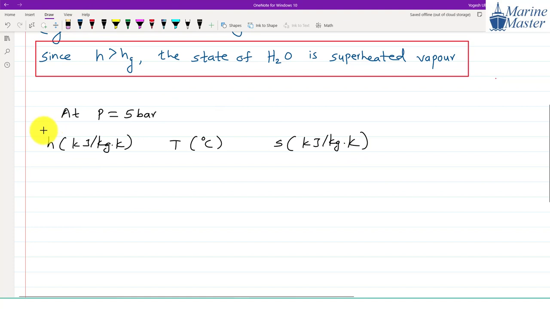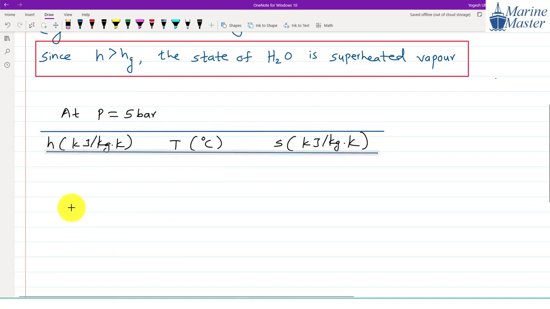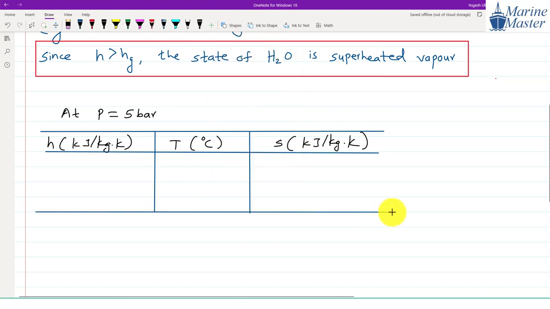Very simple discussion, guys. I'm going to complete this table for us. Observe, don't write anything. Just listen to my words carefully and try to understand each and every point. Which enthalpy do we have?